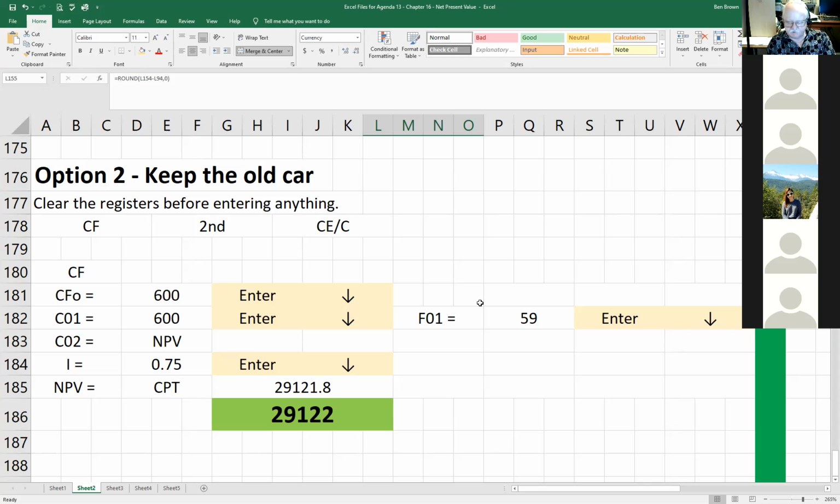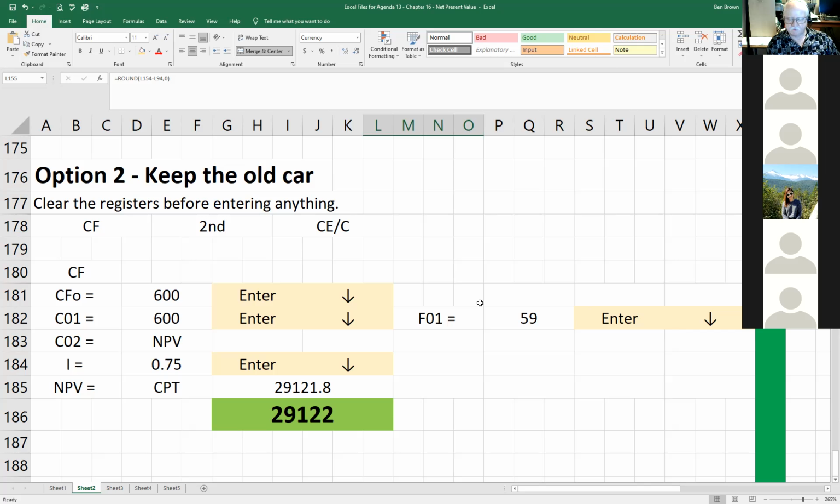And we're doing this 59 times. 59, enter down. And there's no cash flow 2, so hit NPV. And 0.75 for the interest. Enter down and compute. And we get 29,120.8. So I've rounded that.